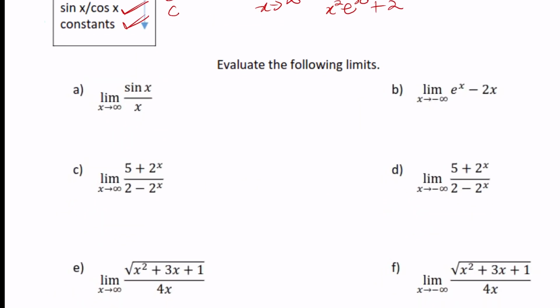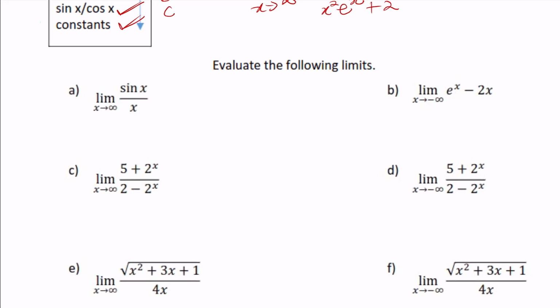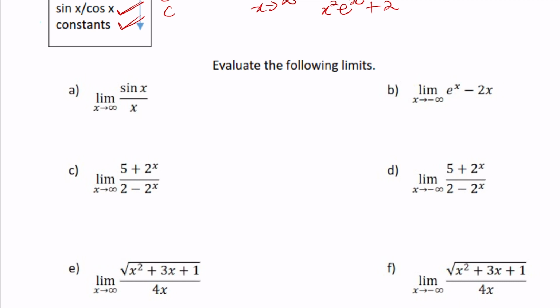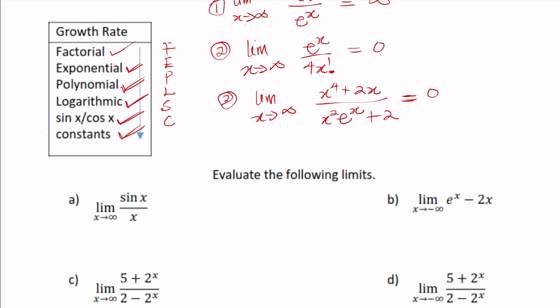So you have to evaluate the following limits. Question number 1, I want to find the limit as x approaches infinity of sine x over x. And again, I'm going to look at my order. Here I have a trigonometric function and a polynomial function.